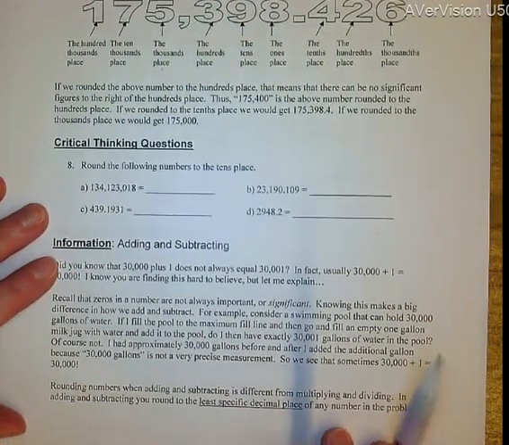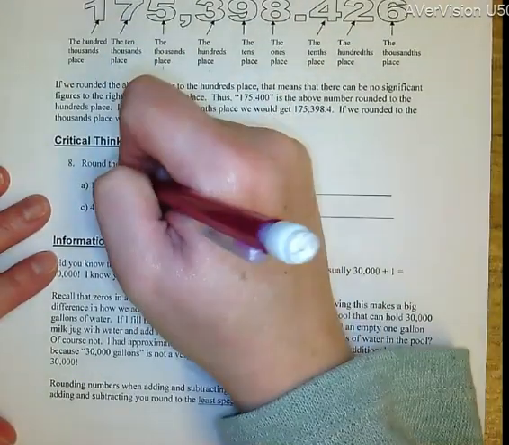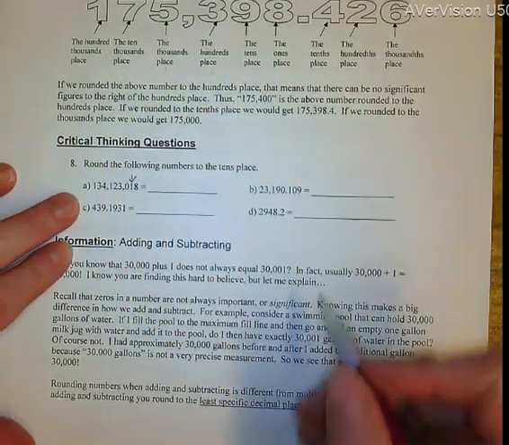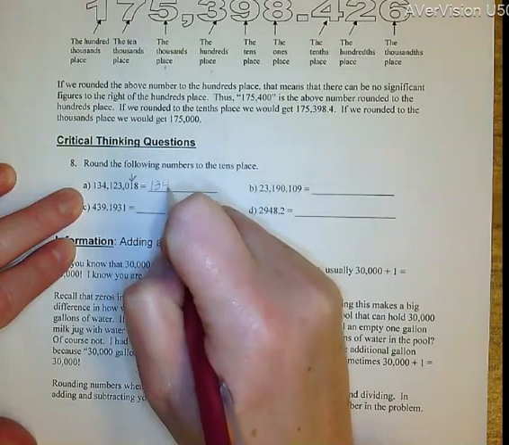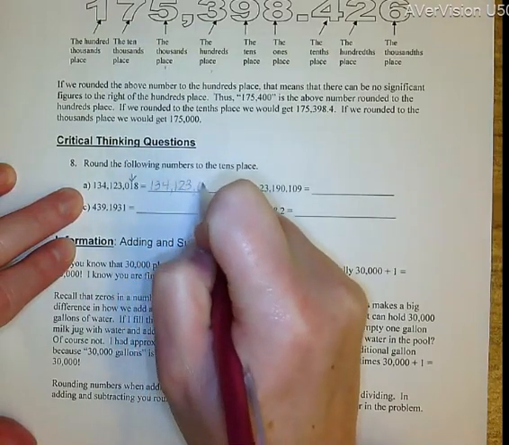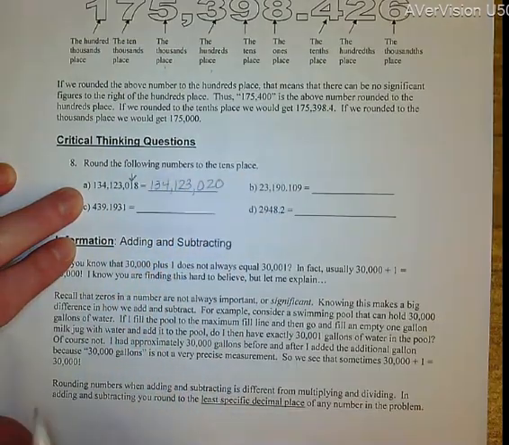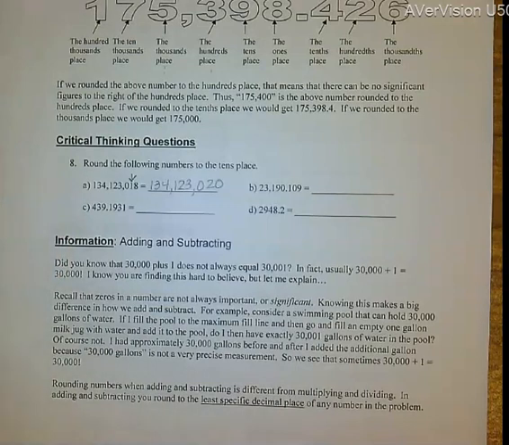Round the following numbers to the tens place. So that's right here. So this is going to be 134,123,020. Okay. Because we're rounding to the tens place.